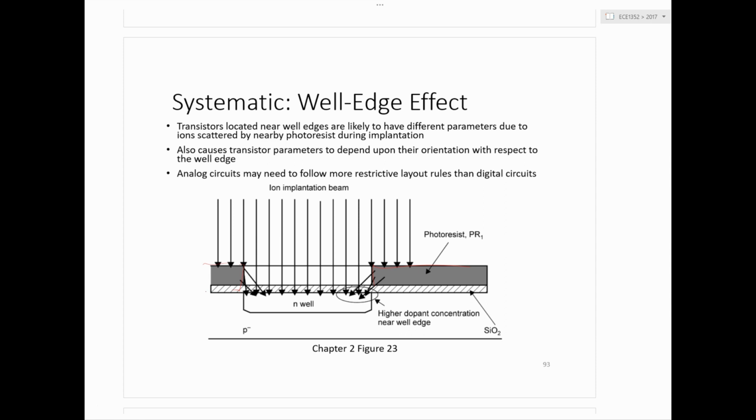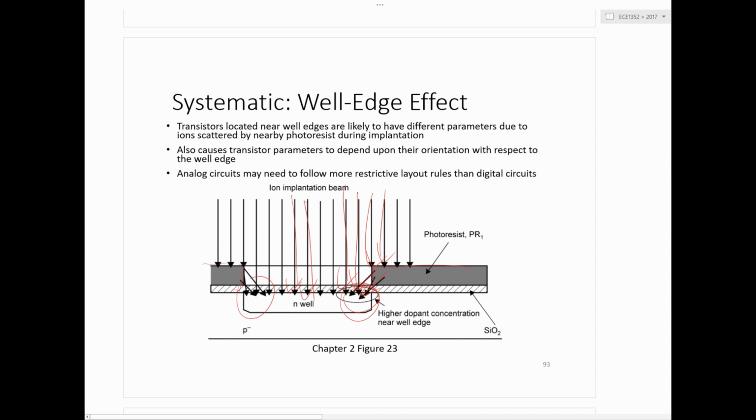But it turns out that right around the fringes of the well, some of the dopants get scattered. They don't just get blocked or reflected, they get scattered and end up in the well. So around the edge of the well, you get the dopants that came directly, and you also get a few of the dopants that were supposed to be blocked that got scattered in, whereas in the middle of the well, you've got only the dopants that came directly in. So you can end up with a slightly higher dopant concentration around the edges of the well.